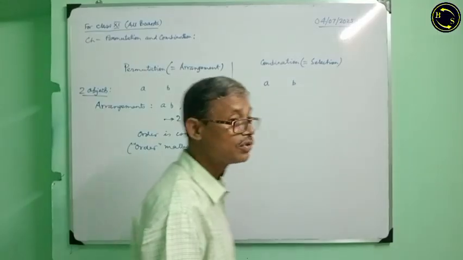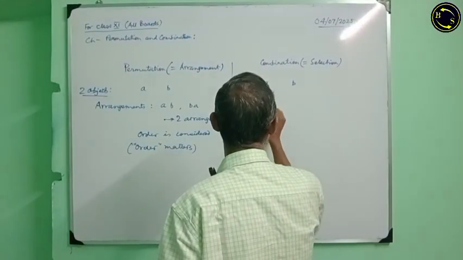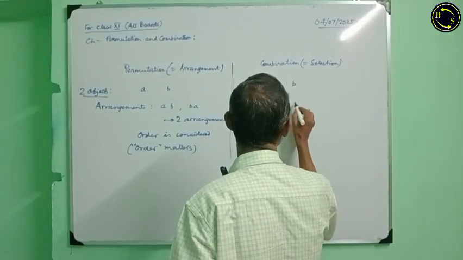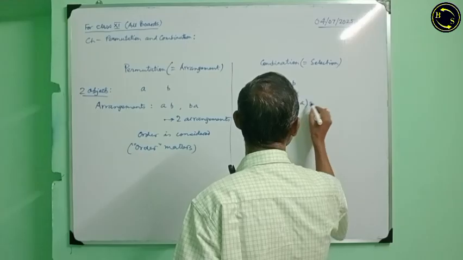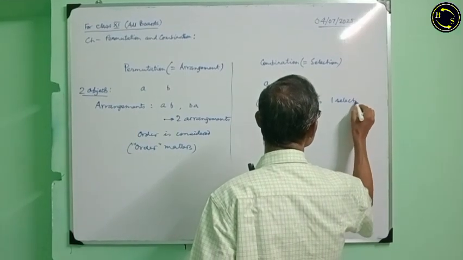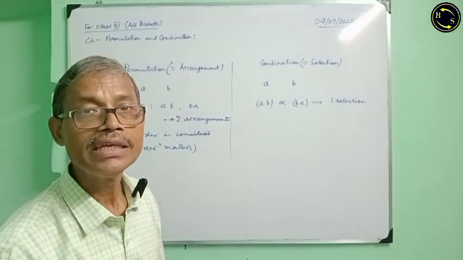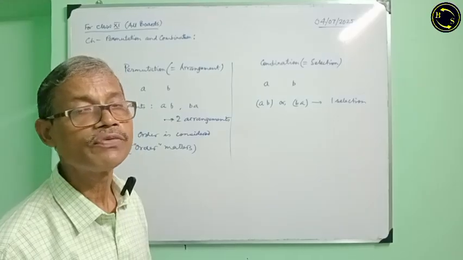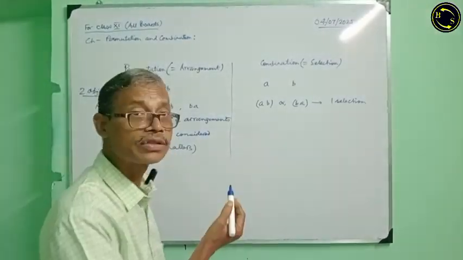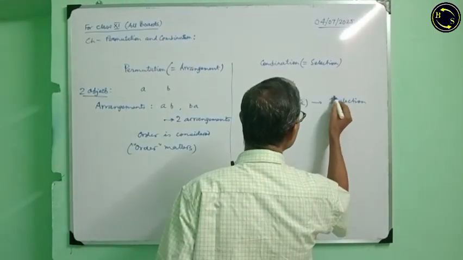But in case of selection, if I take AB or BA, it is one selection. Whether A is taken first or B is taken first, no matter. That is why one selection, you see.